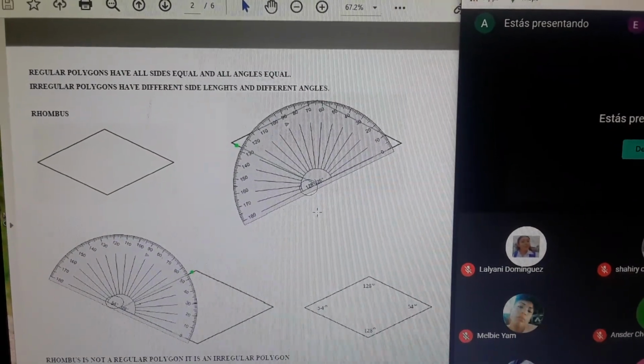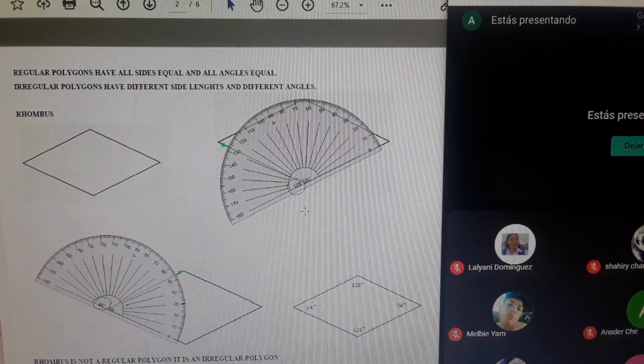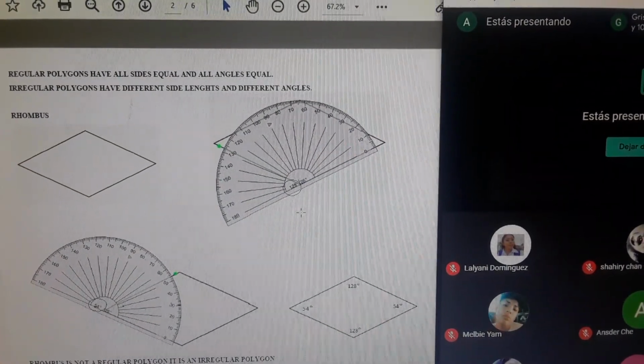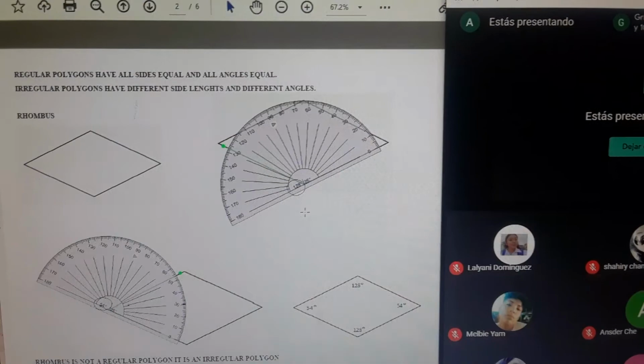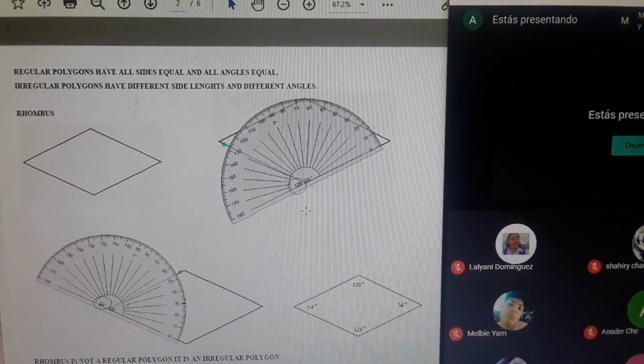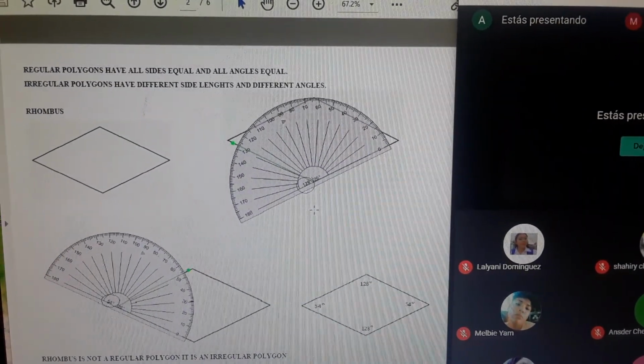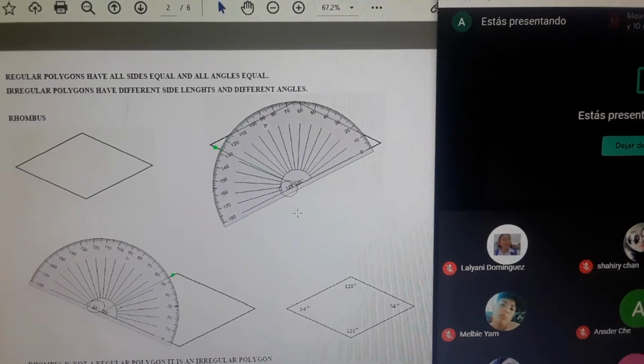So the first thing that will come into our mind is we're going to say that it's a regular polygon. Okay? But if we analyze it carefully, this time using our protractor, okay?